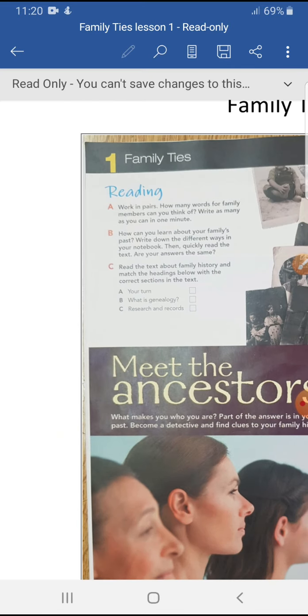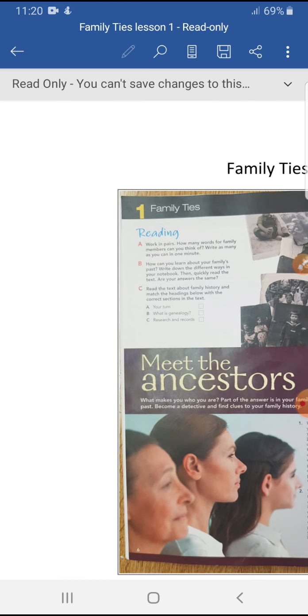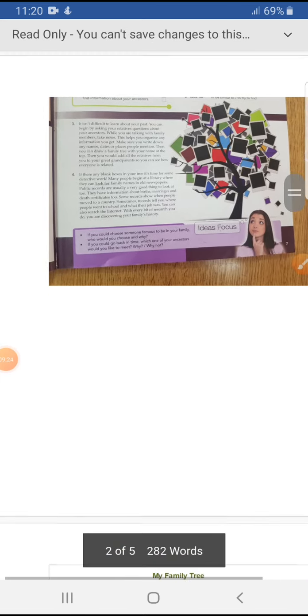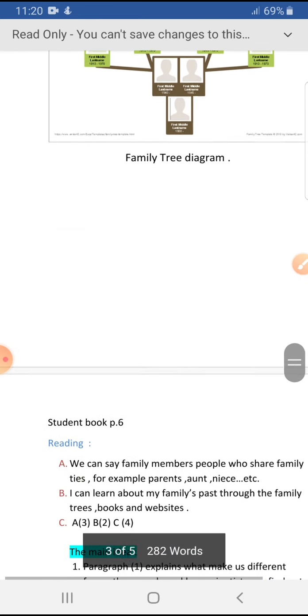My students, every single piece of information is written here down. So please, I will show you the information, so please write it in your notebook.